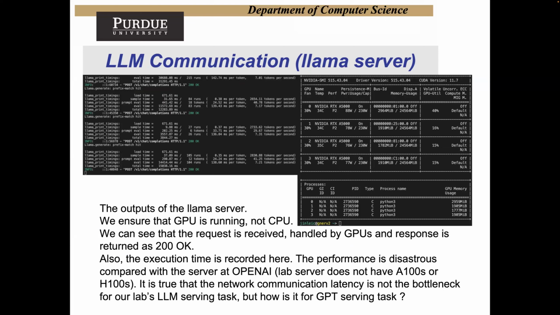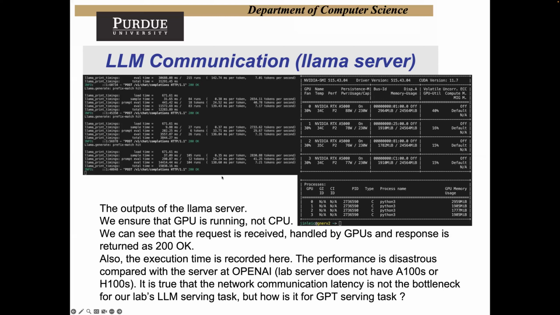We can see that the utilization of the GPU is not zero. It is fully utilizing the 4 GPU cards here for inference. And the execution time is recorded here. You can see it takes something like 3 seconds, 12 seconds, like that.